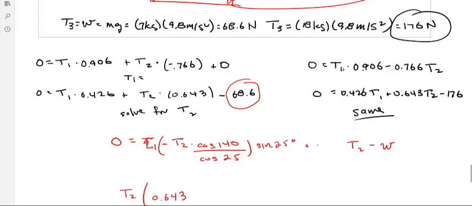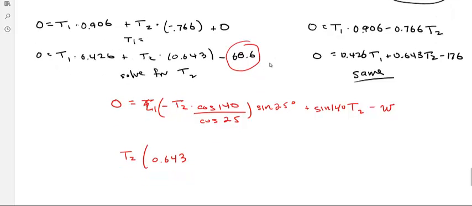Okay, so instead I'll put in the sine of 140 minus cosine of 140 over cosine of 25 times the sine of 25. And then I'll add W to both sides to solve for that.